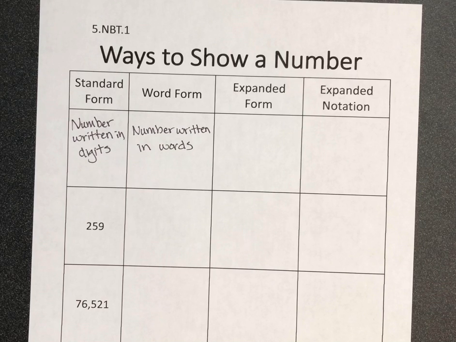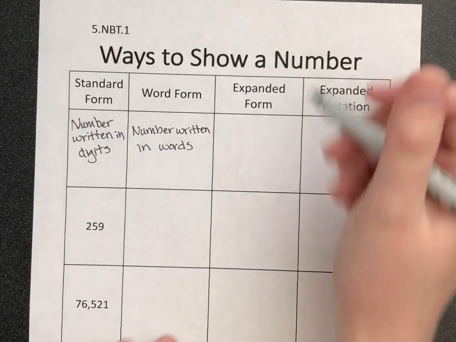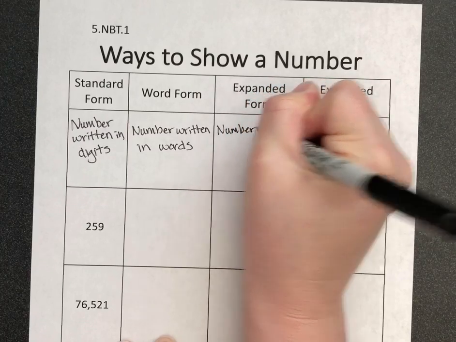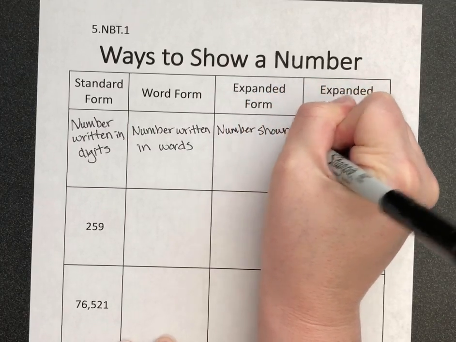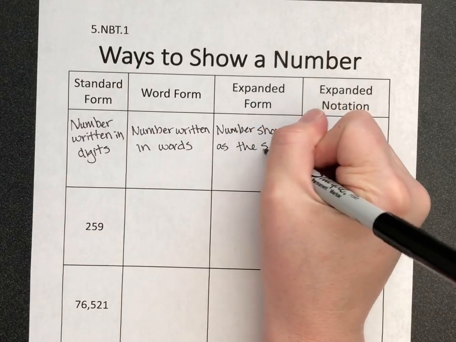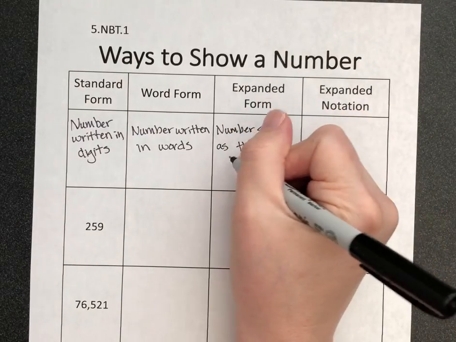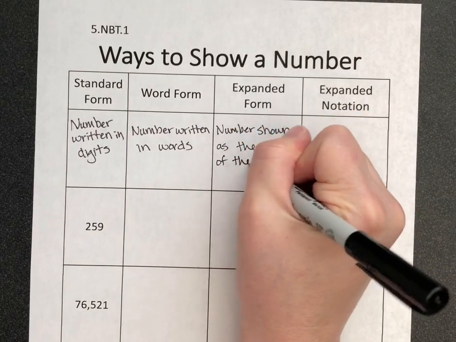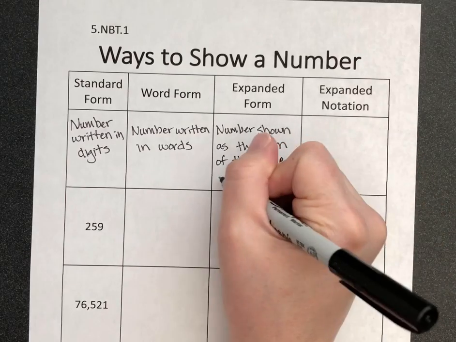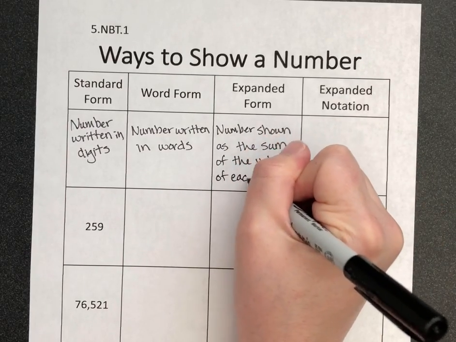Expanded form is a way that we show the value of each digit in the number being added together. So it's a number shown as the sum of the value of each digit.